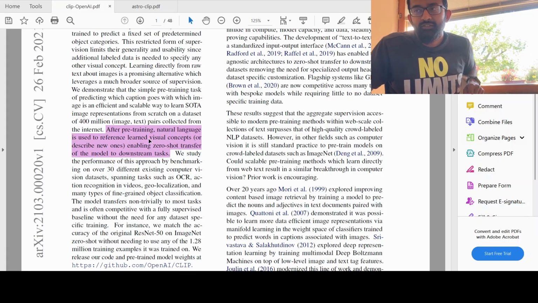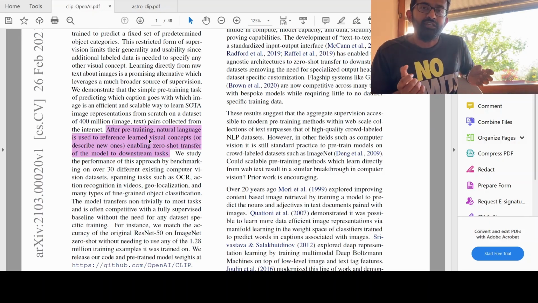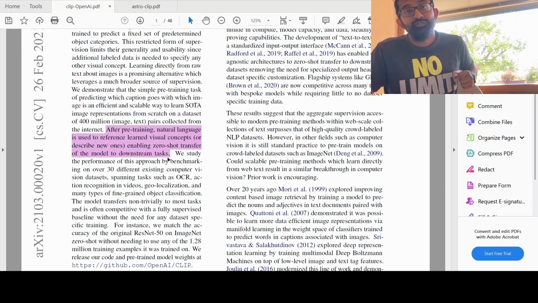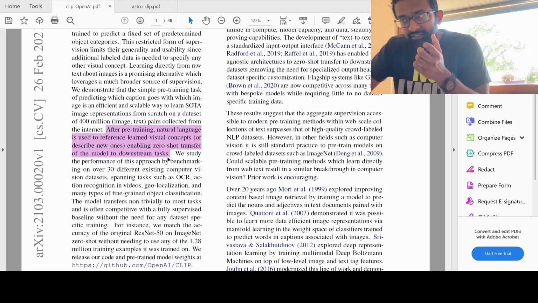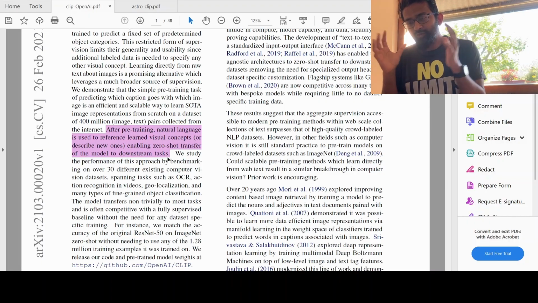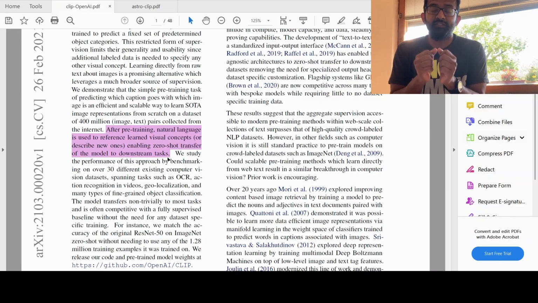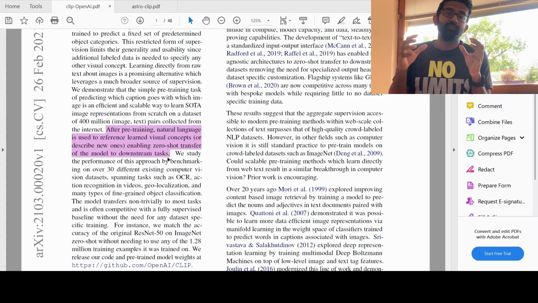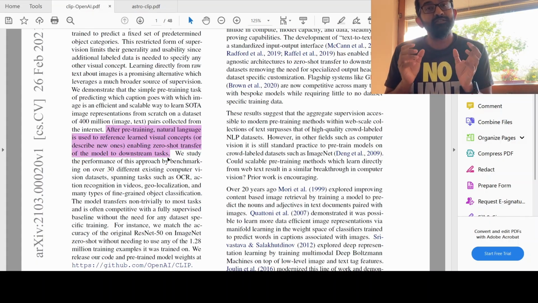Then they say, after pre-training, and pre-training you can think of as learning this encoded representation of the image and text, natural language is used to reference learned visual concepts, enabling zero-shot transfer of the model to the downstream task. That's essentially the idea of how we can use CLIP. So you learn this joint representation, and we could actually use it to do some amazing downstream tasks.